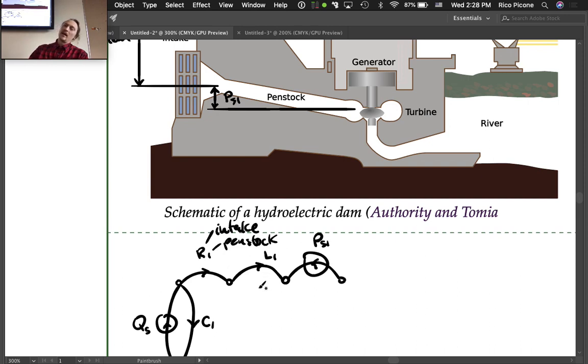So R1, L1, and the pressure will all have the same flow rate through them. Whereas if they were in parallel, they would all flow different amounts, which doesn't seem very physical. We wouldn't really think of the flow as splitting as it goes through. So that's why I think it makes the most sense to do them in series.